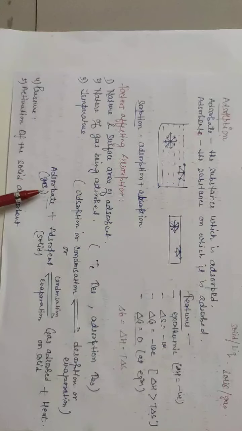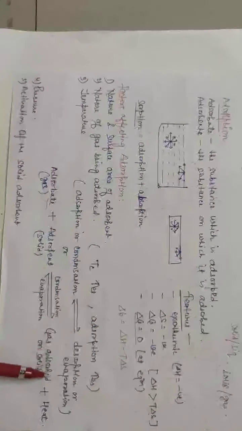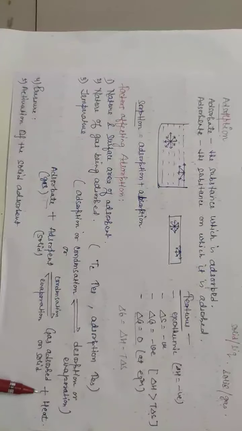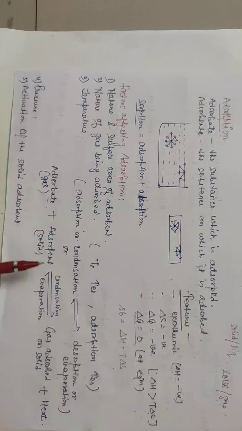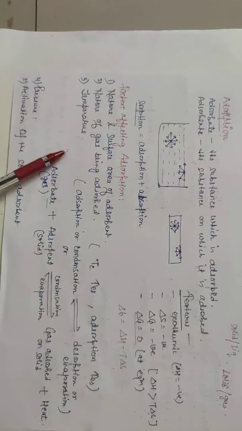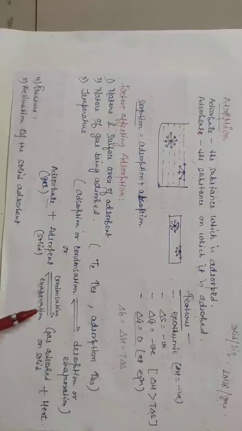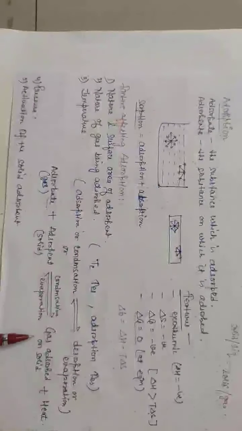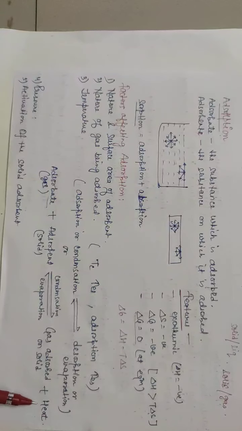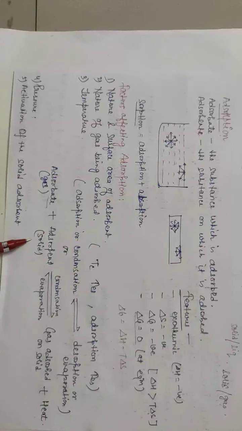The forward process is adsorption, the reverse process is desorption. In adsorption, heat is evolved, and when we increase the temperature, by applying Le Chatelier's principle, we find that the process will proceed in the backward direction, where the heat gets consumed.